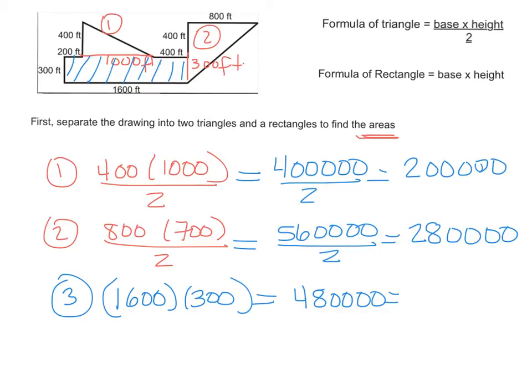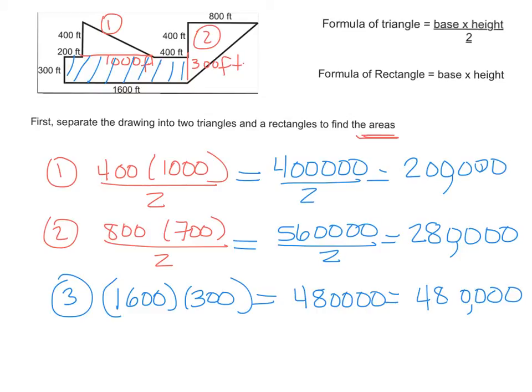And we're going to add it to this one. So it is 200,000 plus 280,000 plus 480,000. Oh, I put wrong this comma here. It should be a comma here.